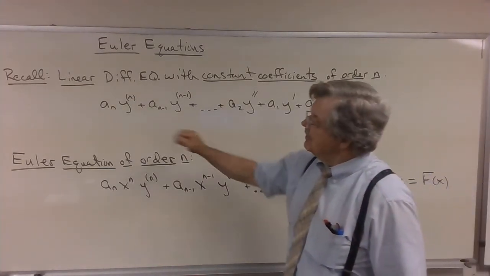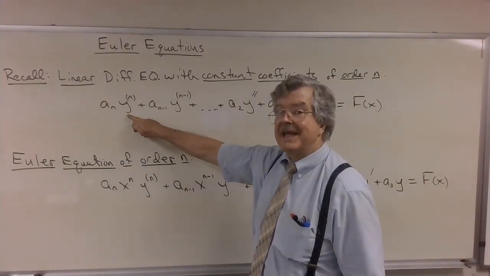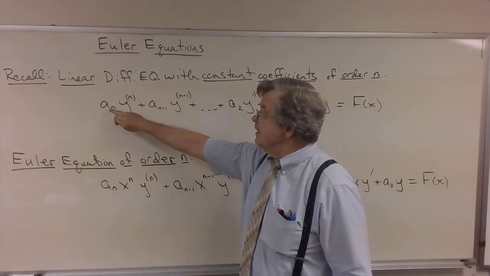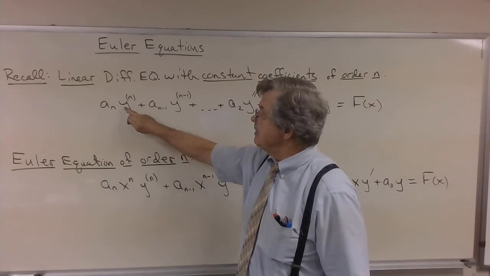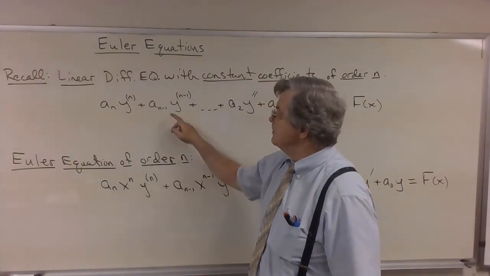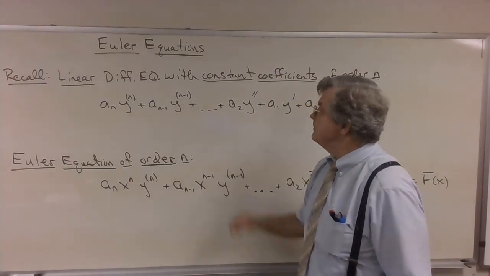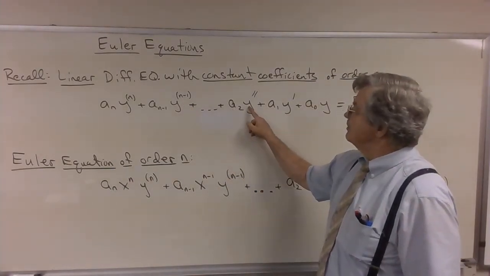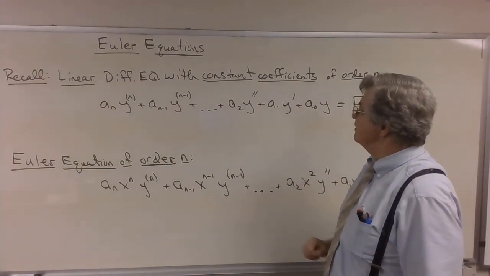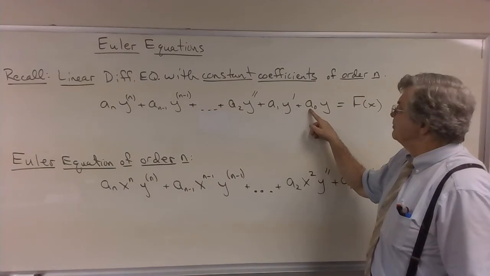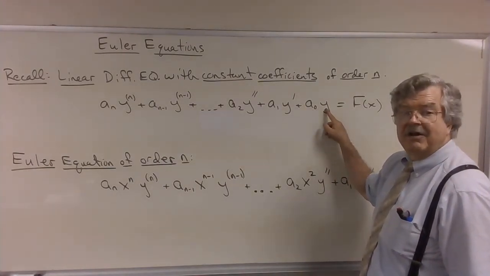At each term containing a derivative of y, the coefficient of that term is a constant times the nth derivative of y, a constant times the n minus first derivative of y, a constant times the second derivative of y, a constant times the first derivative of y, a constant times the 0th derivative of y, or y itself.